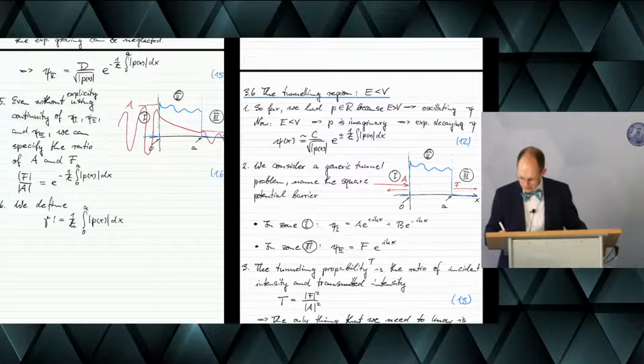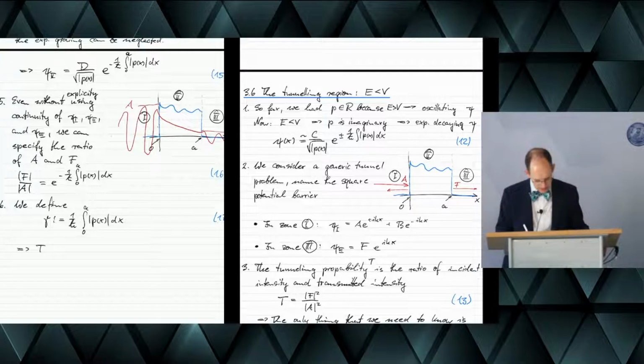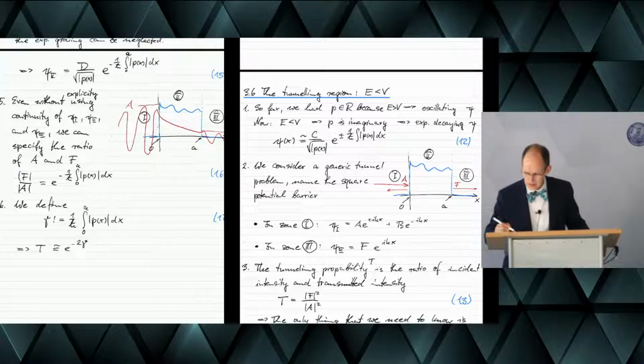And then the tunneling probability looks very simple. It is given by e to the minus 2 times gamma, because it's the magnitude squared of the ratio of f and a. Good. So that's equation 18.